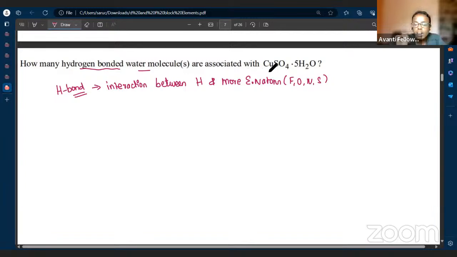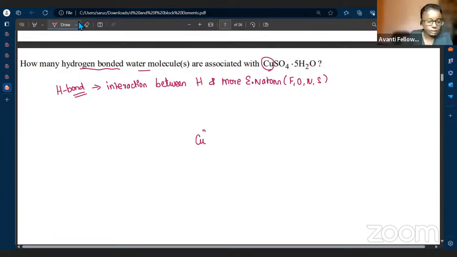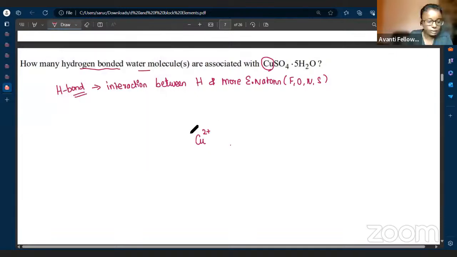Now what is the oxidation state of copper in CuSO4? Plus 2. Now it is bonded with 5 molecules of water.